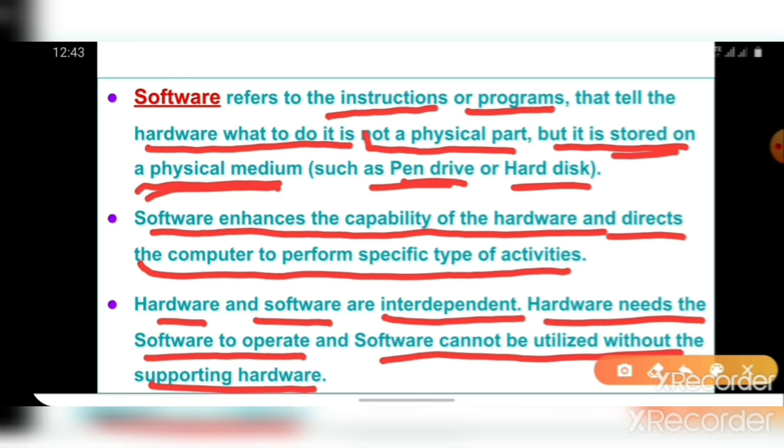So these two things are very essential to each other. Without hardware, software cannot be of any use, and without software, hardware is of no use. That's why hardware and software of a computer are interdependent. So this was a brief summary of this.